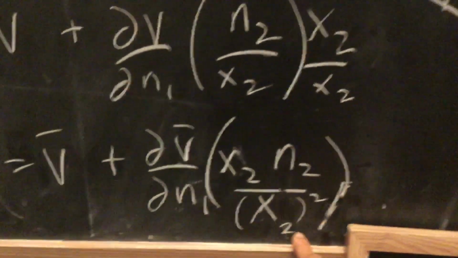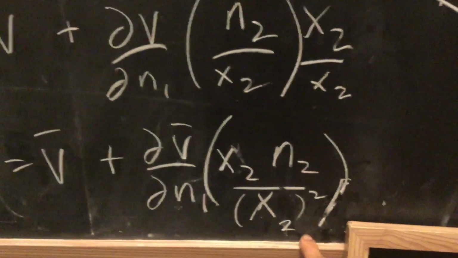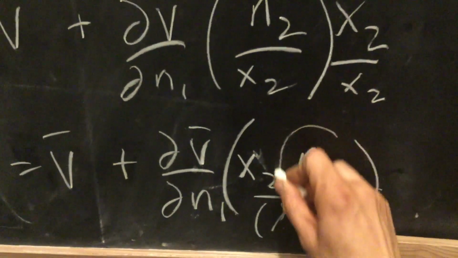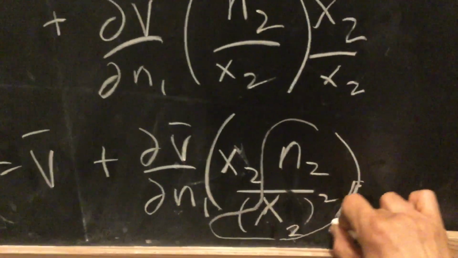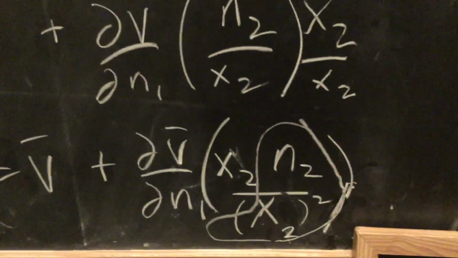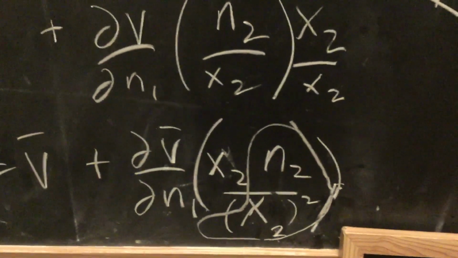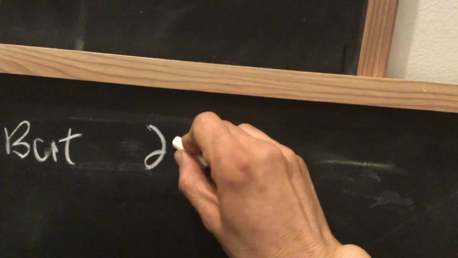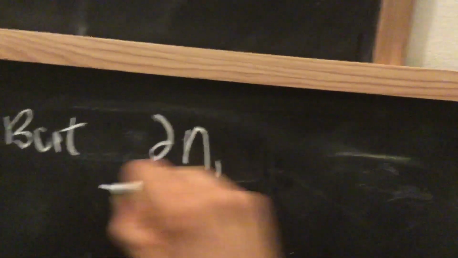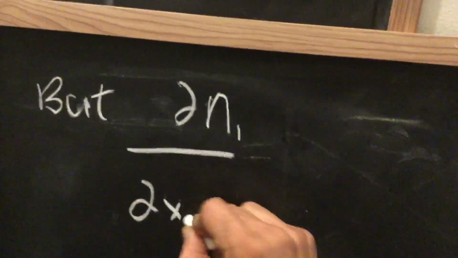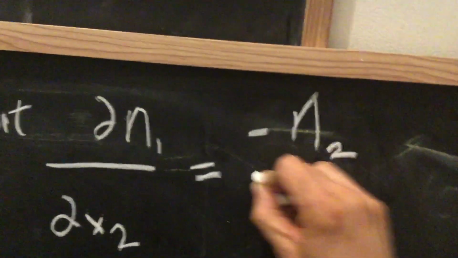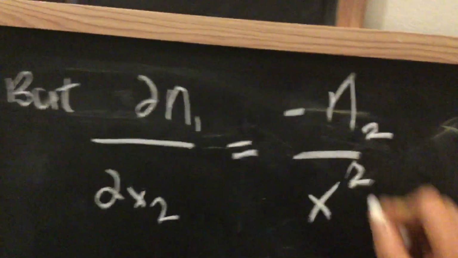I would do this because while we were talking together online, we found that negative N2 over X2 squared is equal to dN1 dX2. Do you remember that? While we were talking online, we found that dN1 dX2 is equal to negative N2 over X2 squared. That's what we found.